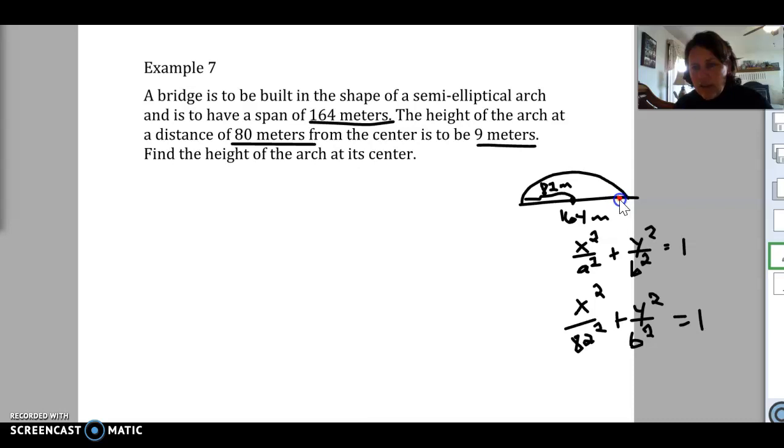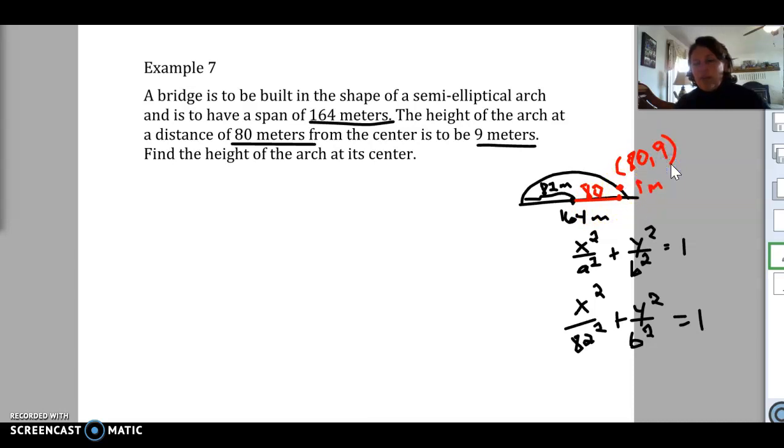So this is a distance of 80 meters, and at a distance of 80 meters, the height is 9 meters. So really what they're doing is they're giving us a point on the ellipse. So that point would be x is 80 and y is 9.